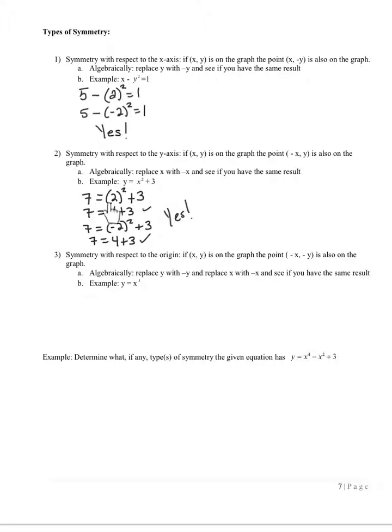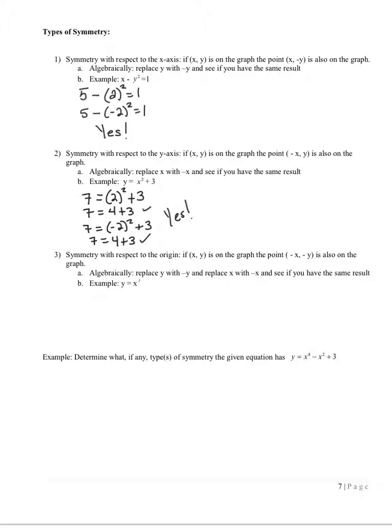So 7 equals 2 squared plus 3. This is true. If we substitute the x value with a negative 2, we still get 7 equals 4 plus 3. So yes, these particular points are symmetrical with respect to the y-axis.